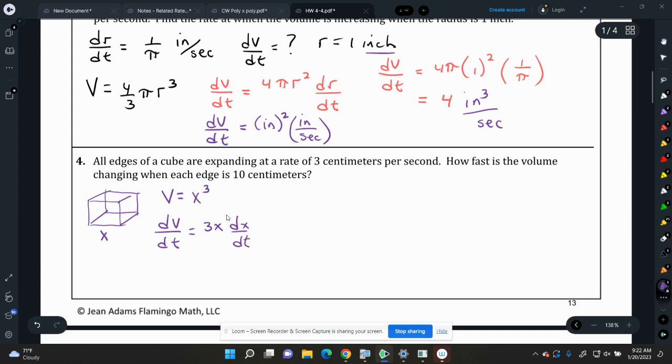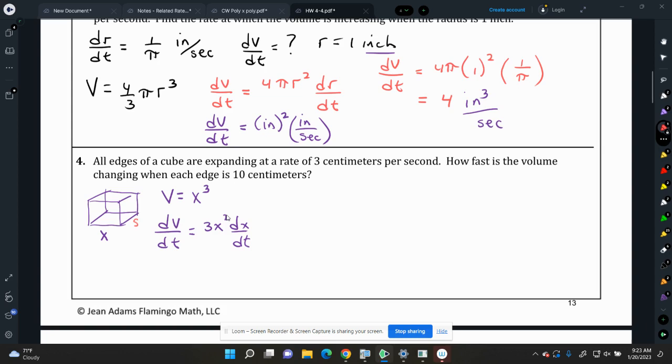On the test, if we use a different letter to represent it, will it matter? No. It actually makes more sense to use S, but I don't like to use S because it looks like a 5. That's why I did X.